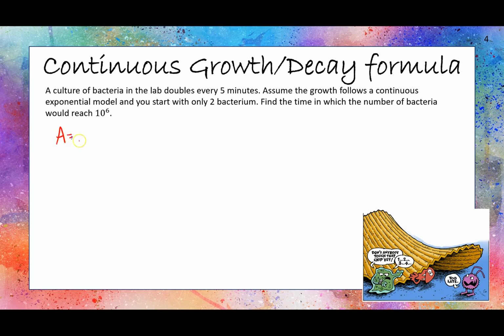All right, so first of all, let's write down our equation. A is equal to the initial amount, and then e to the kt. So think about this, folks. If we start with 2 bacterium, we're going to have 4 bacteria after 5 minutes. That's what it means to double.